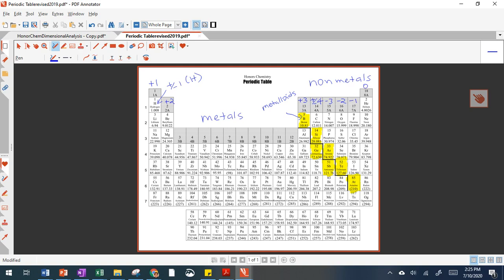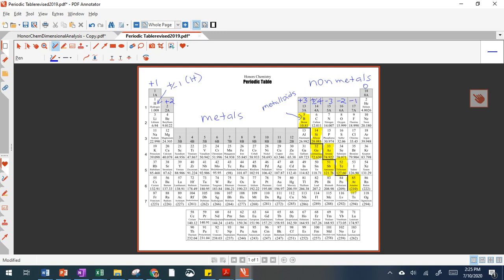So when we find them in nature, what we see is that group 1 typically forms a +1 ion. We don't see it as any other charge in nature, with the exception of hydrogen. Group 2 is going to be +2 when we find it in nature. Group 13 is going to be +3. Group 14 is plus or -4. Group 15 is going to be -3.